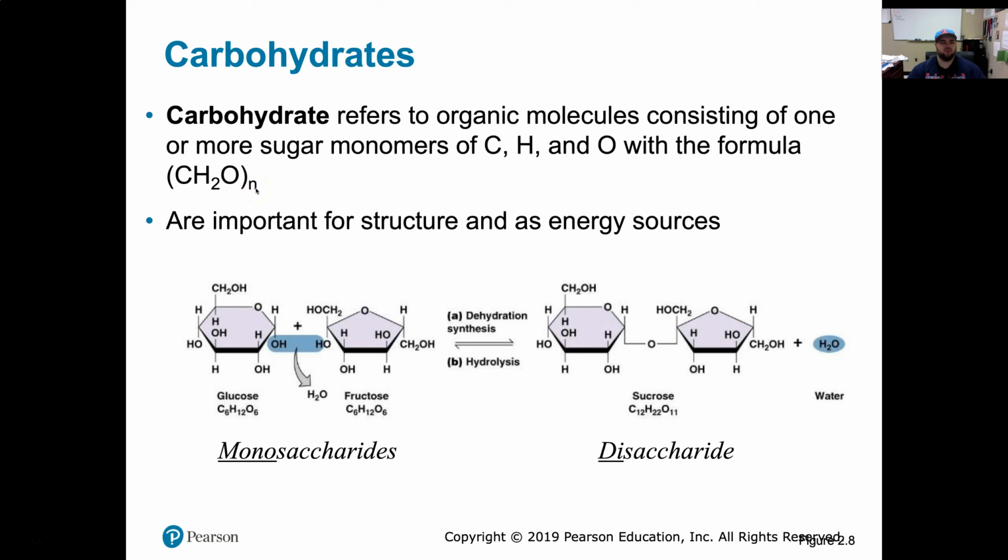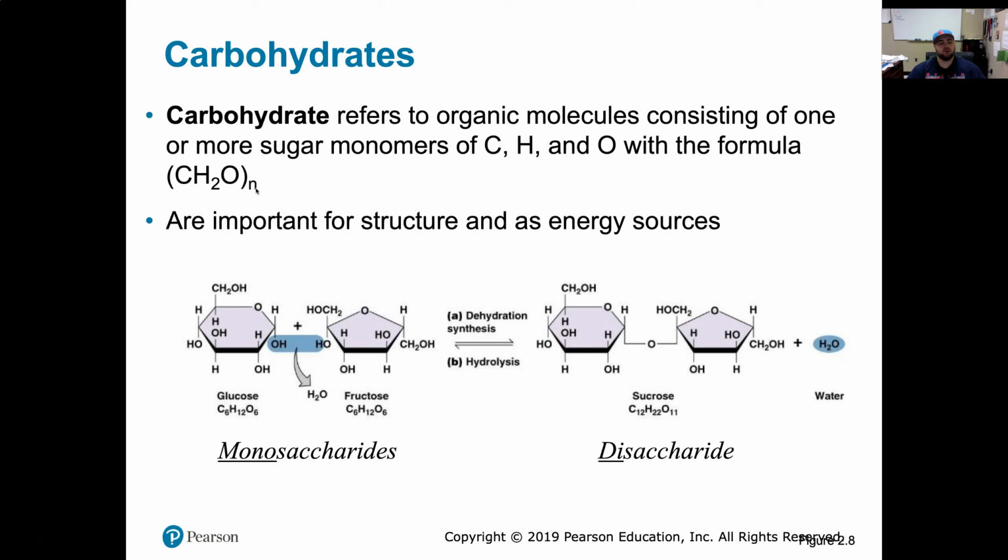The way that's written is fine, but I like to write it a different way. I prefer to write it as C subscript N, H subscript 2N, O subscript N. N is the number of those particular atoms.